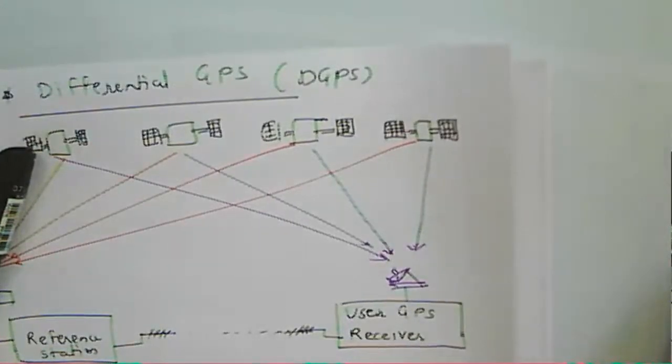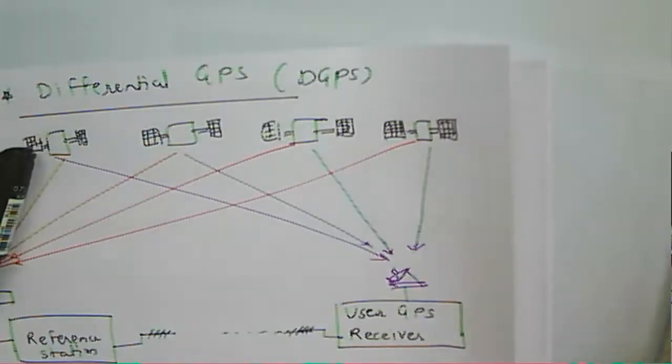Then the differential GPS system was developed to eliminate the inaccuracy in the data received from the satellite, and that is why it improves the position accuracy.